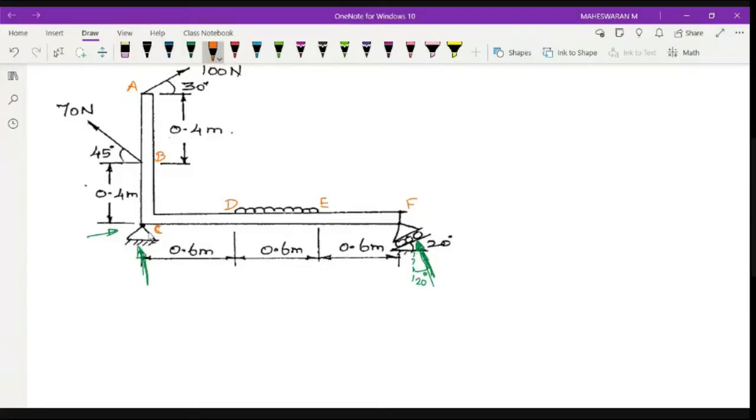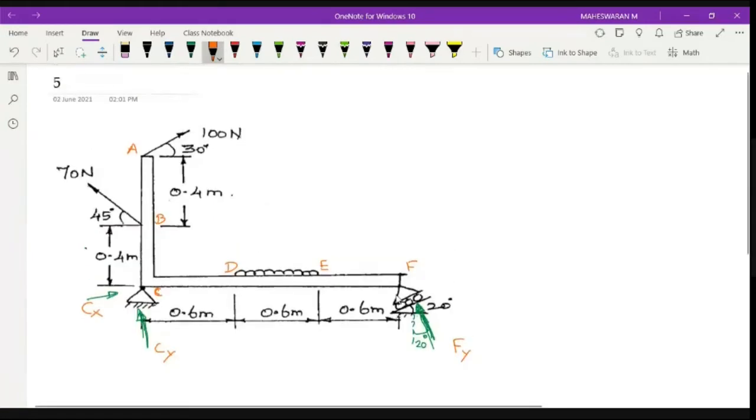So A, B, C, D, E, and F. At C you will have CY and CX. So there are two reactions at support C. Similarly, here you have FY, which is inclined 20 degree with respect to vertical.